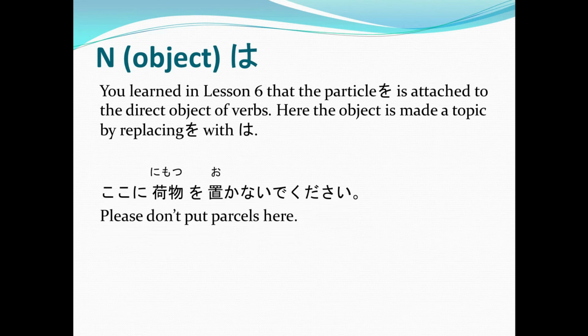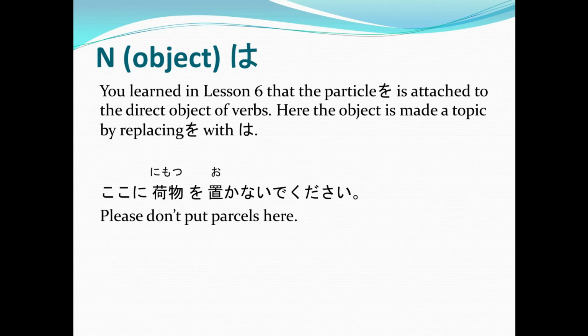Typically this is how you construct a sentence based on what you've learned in lesson 6. Koko ni nimotsu o okanai de kudasai. Again, koko ni nimotsu o okanai de kudasai. Please don't put parcels here.